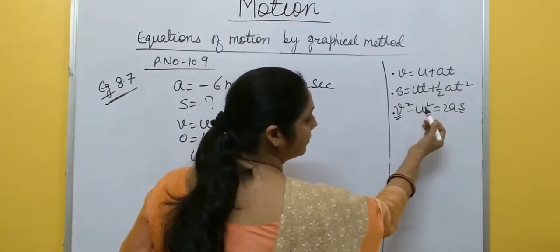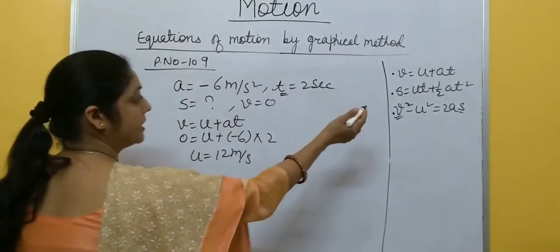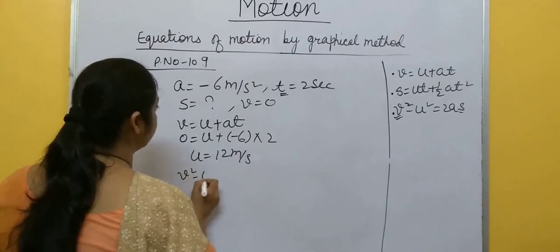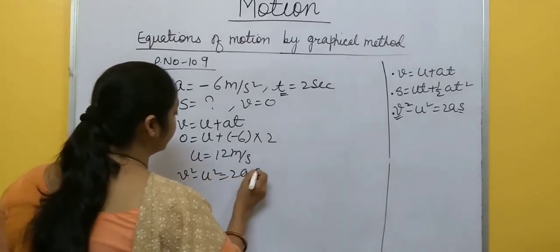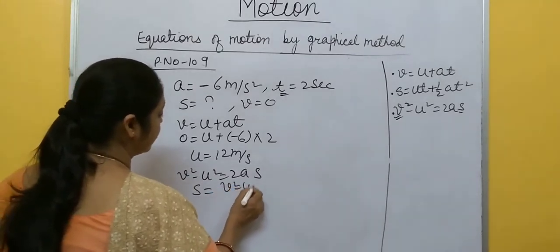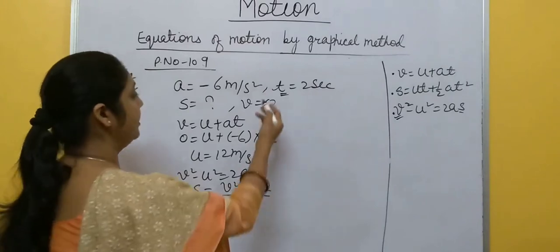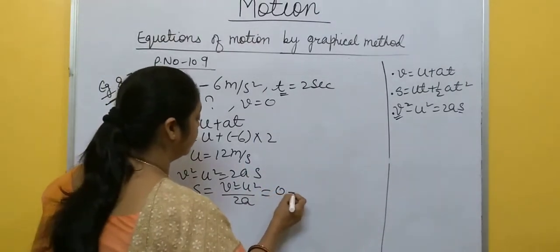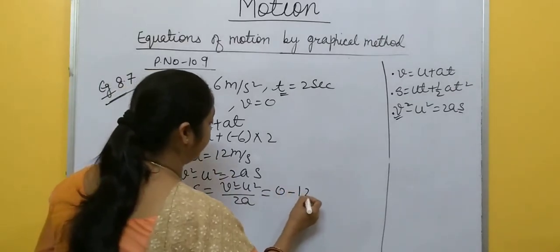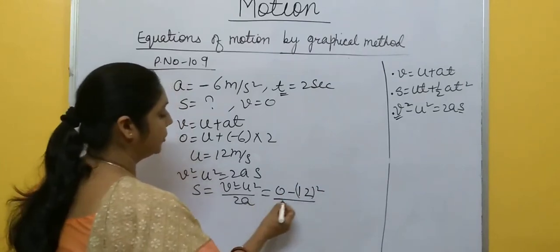So v you know, u you know, a also you know. You can easily find s by using this equation, v square minus u square equal to 2as. From here s is v square minus u square by 2a. Now v is 0 here, u is 12. So 0 minus 12 whole square, by 2a.